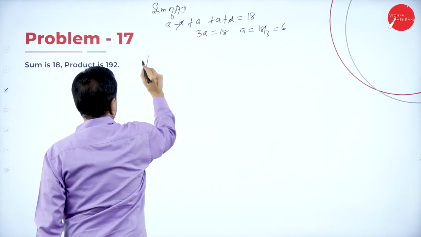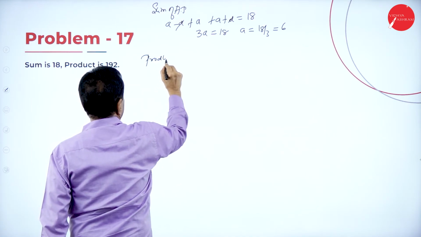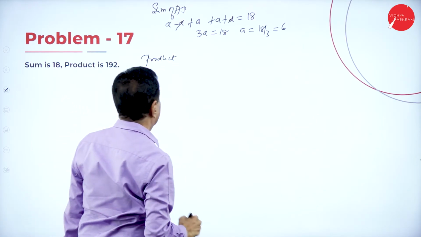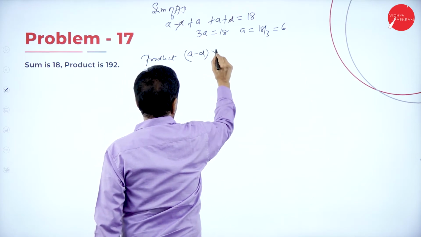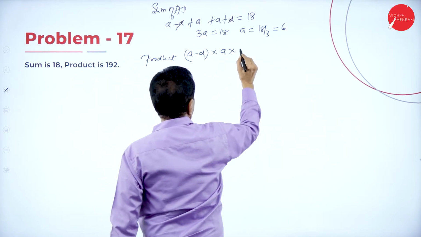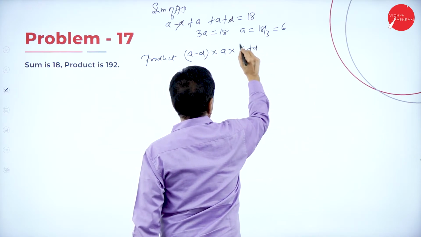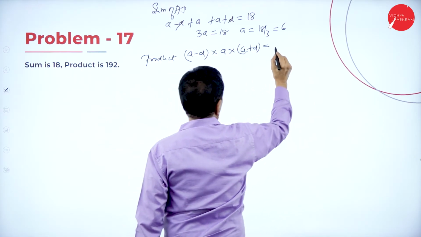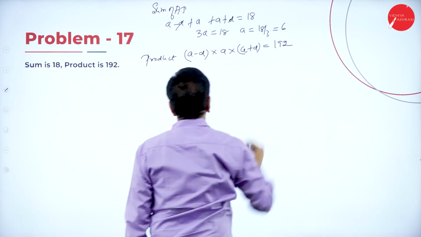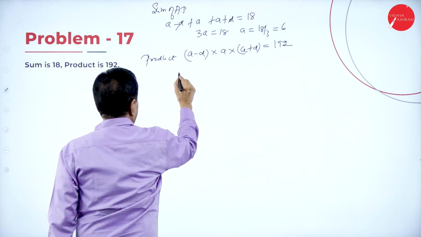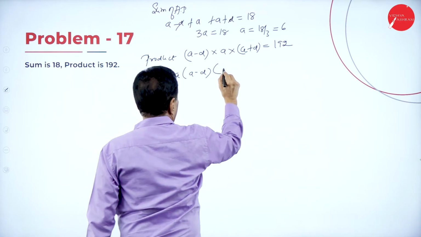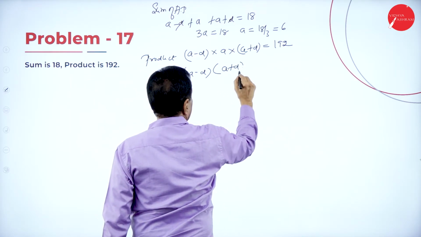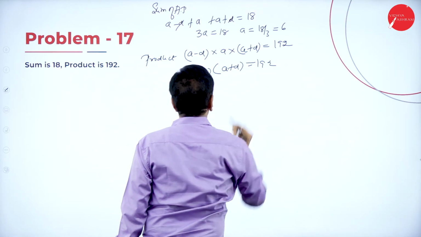Product: A minus D into A plus D is equal to 192.